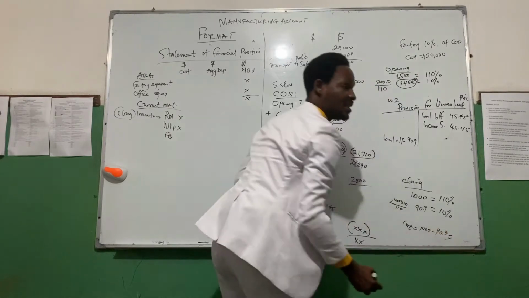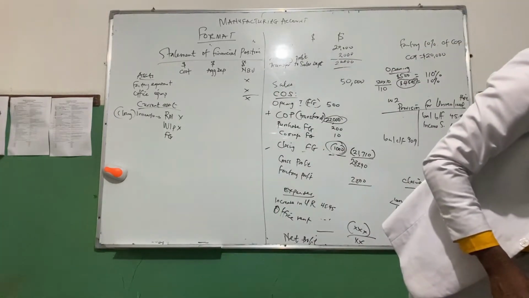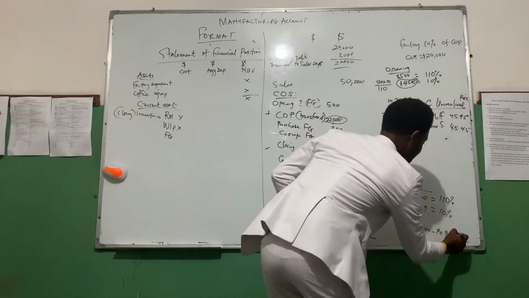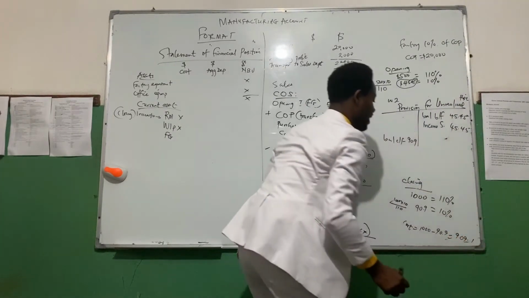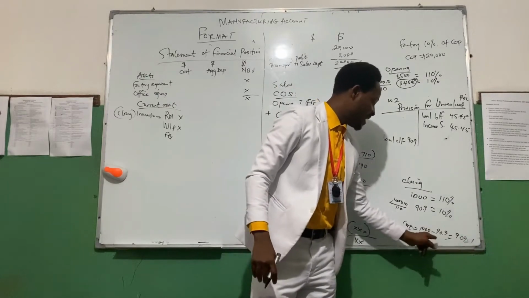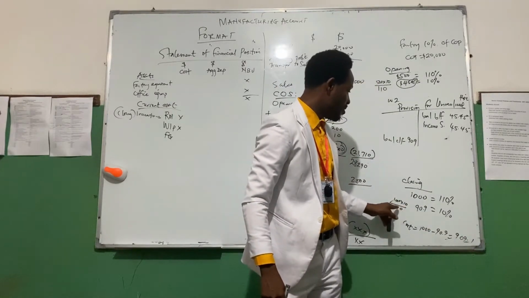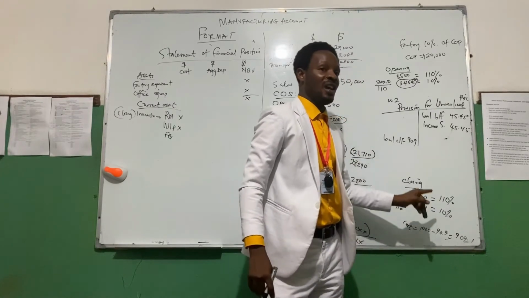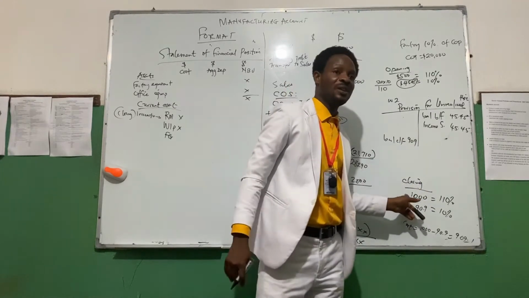Please help me to calculate it. So that's 909.1. 909.1 is the cost. 90.9 is the profit, and it was charged at 1,000.